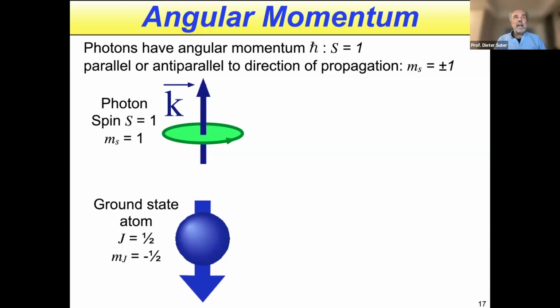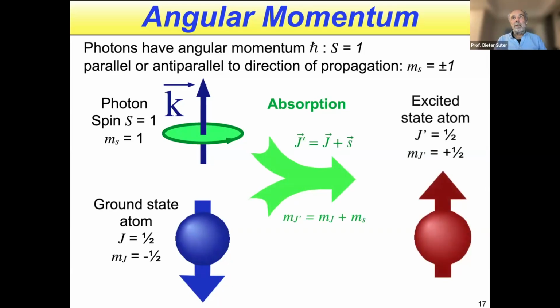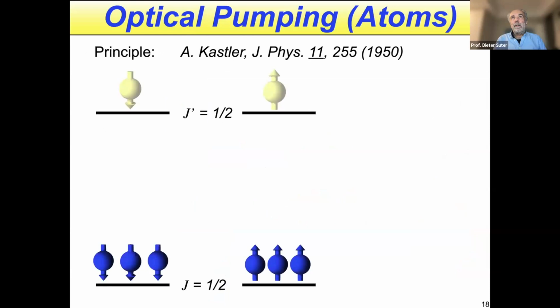Now, if this atom absorbs the photon, that means the photon vanishes, its angular momentum is gone, but we have to preserve angular momentum. So the atom can only absorb the photon if it changes its angular momentum state. It goes over into, again, a J equal 1/2 system, but the Z component is now plus.